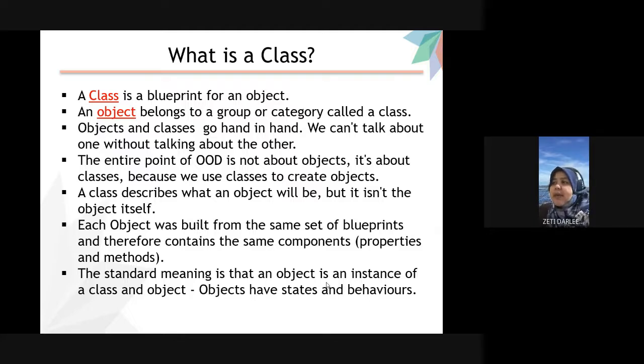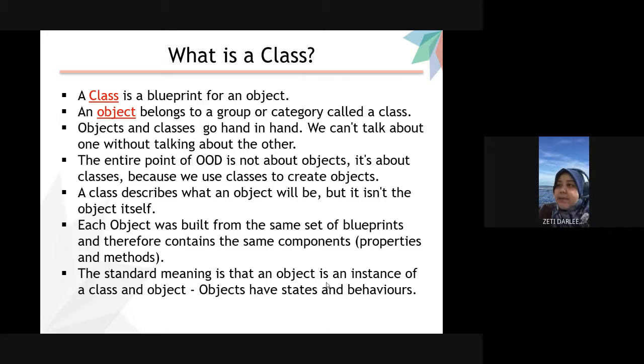What does it mean by behavior? Things that they can do. Contohnya, kalau kerusi ada roda, so what kerusi ada roda can do? You can reverse it, you can bring it forward, or you can flip it. So that is the behavior for the kerusi beroda tersebut.